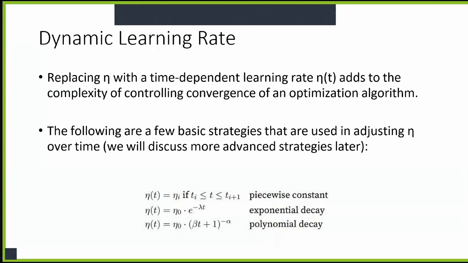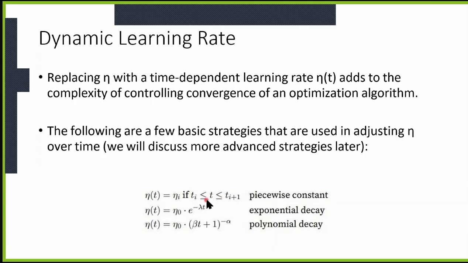Right. So that's basically the dynamic learning rate strategy, the idea that I talked about. There are a few different strategies as in this slide. The first one is called piecewise constant. As we can see from its formula, the learning rate is now a function of time.